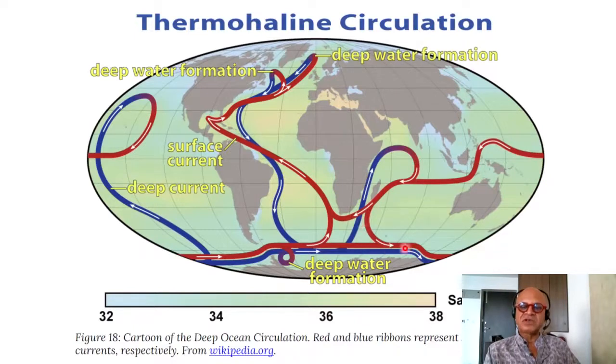Some of it cycles back into the Southern Ocean, some of it goes around Africa, mixes with the water coming from this side, and goes across the equator again to the north to fill the mass balance needed by creating the deep water here. So the deep water formation here requires new water to come in, and that water is coming back through this upper warm branch of the thermohaline circulation.